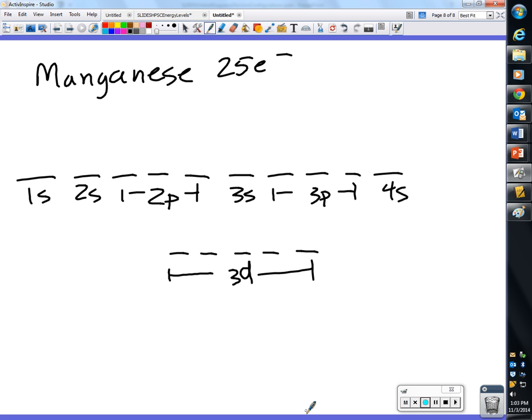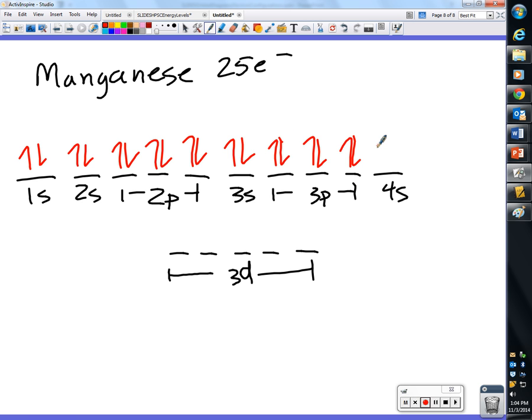So now we have to fill how many electrons? 25. So 1, 2, 3, 4, 5, 6, 7, 8, 9, 10, 11, 12, 13, 14, 15, 16, 17, 18, 19, 20.